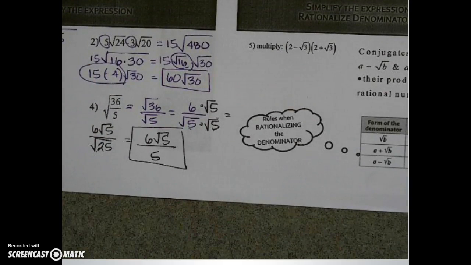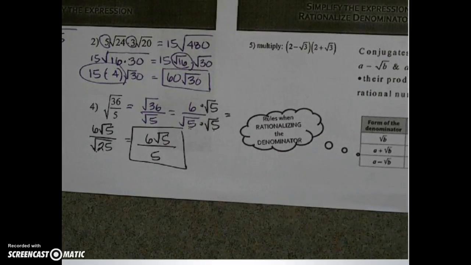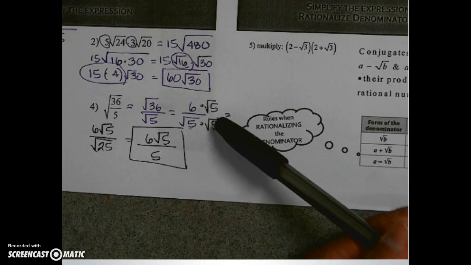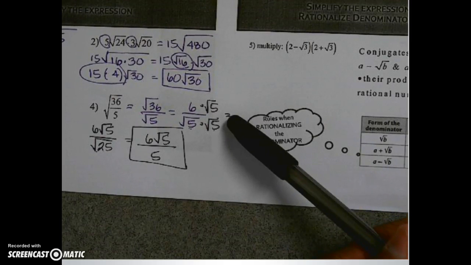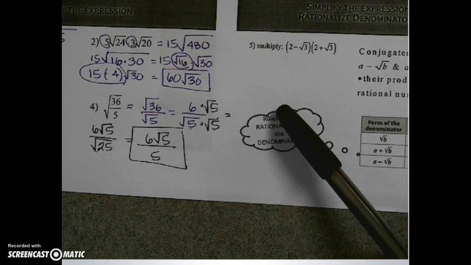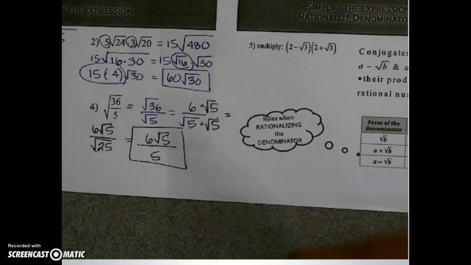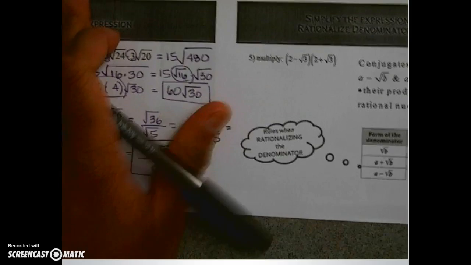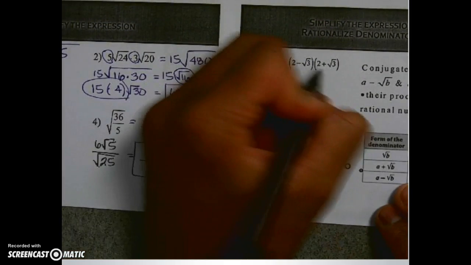And next, speaking of, sometimes it's not going to be that direct, where all I have to do is multiply top and bottom by one thing. Sometimes I'm going to have to switch that up a little bit. So let's take a moment and remember about FOILing to multiply. Remember first, outer, inner, last. Well, what would we get if we multiplied these?